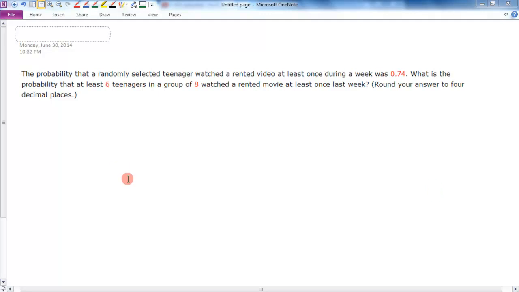Okay, so in this section you were learning about Bernoulli trials, and the whole idea is if you can define something as success or failure, you can do a probability problem using Bernoulli's little formula here.